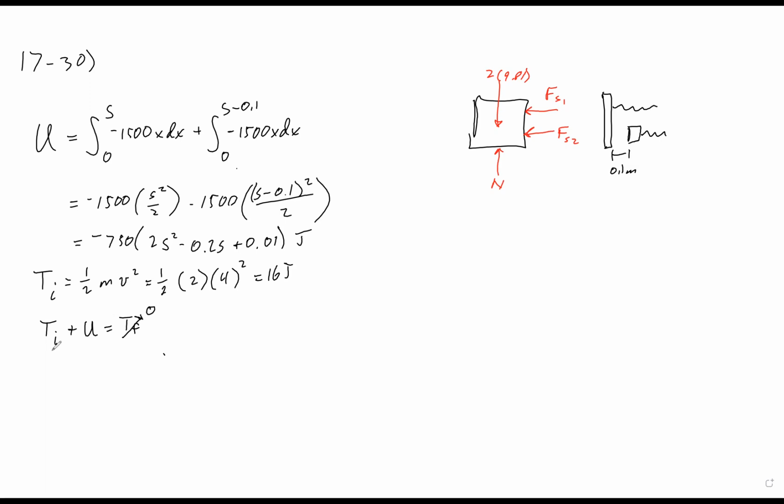So we plug in the 16 joules for the initial kinetic energy, and then add the negative 750 times 2s squared minus 0.2s plus 0.01, and this is all equal to 0. And now we can solve for s.